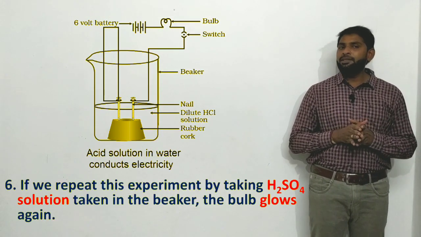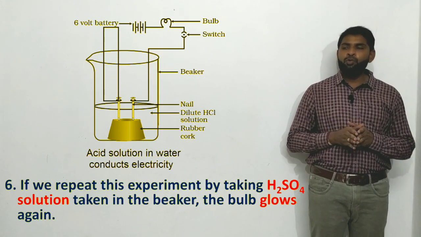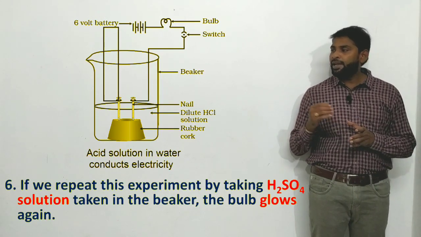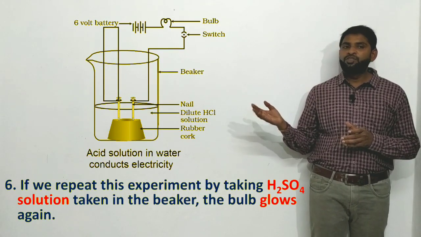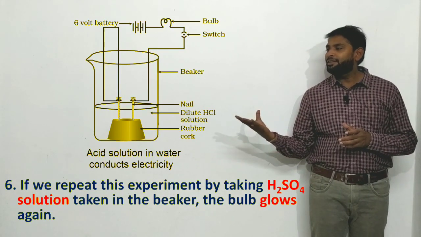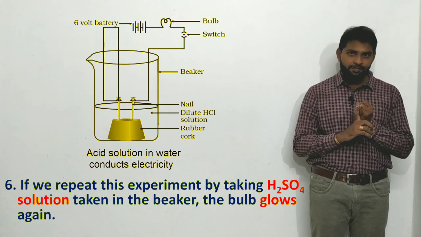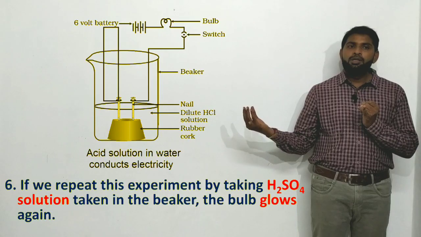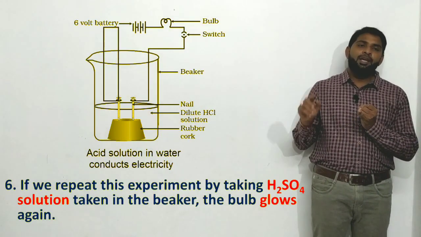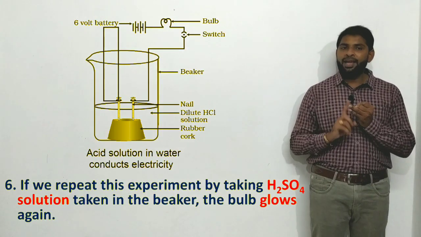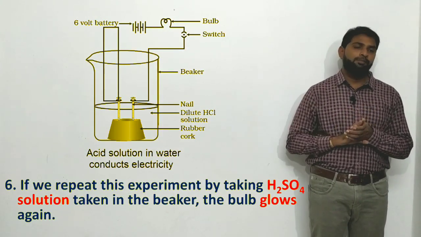If you repeat this experiment by taking H2SO4 solution, which is sulfuric acid solution, in the beaker, the bulb glows again. First we took the HCl solution and the bulb glowed. Now we repeated the same experiment with sulfuric acid, and again the bulb glows.